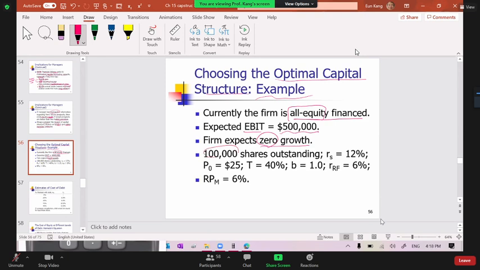Then we have 100,000 shares outstanding. rs is the cost of equity, P0 the stock price, T the tax rate, b is beta, right? rRF is the risk-free rate. The risk premium on the market is 6%. That is what? rM minus rRF.